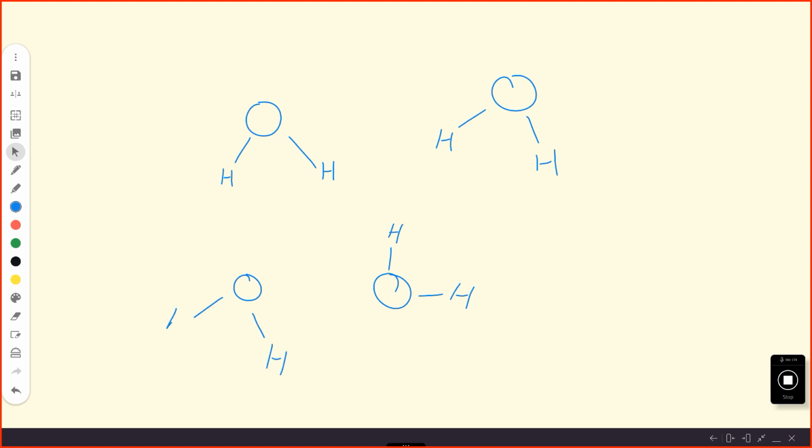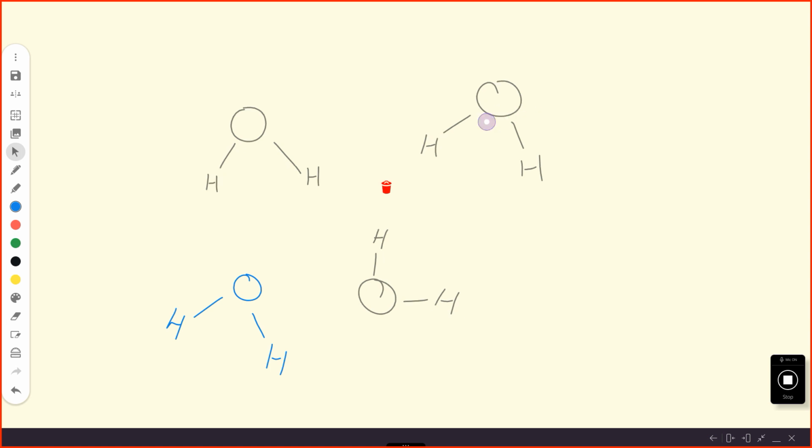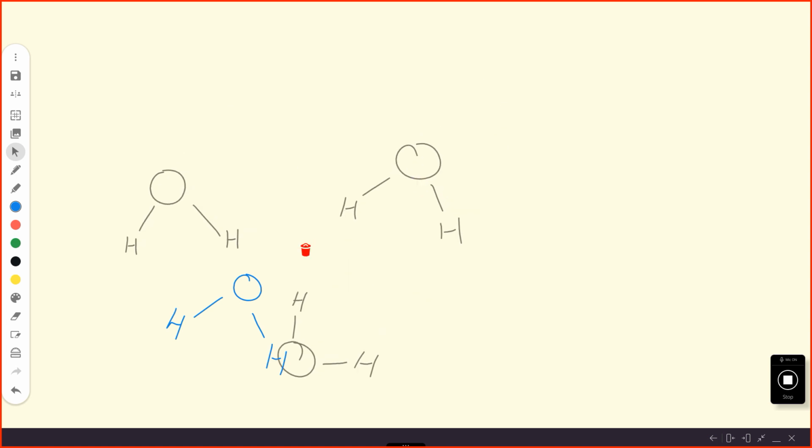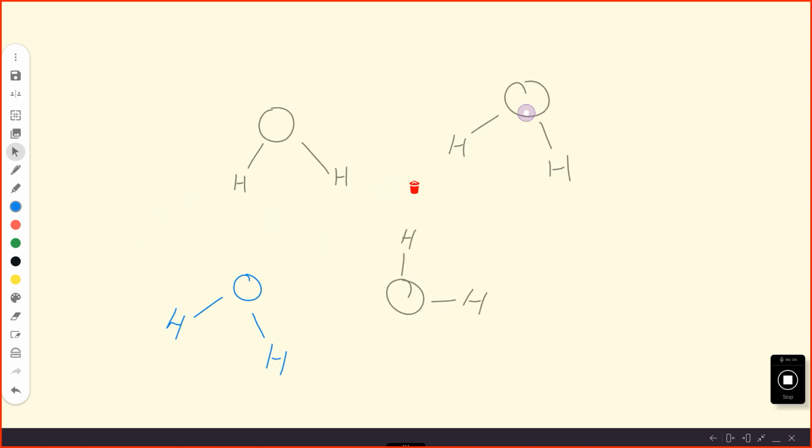Now, in the process of freezing, all of these molecules move close together and they solidify. And when they liquefy, they spread out a little bit more.